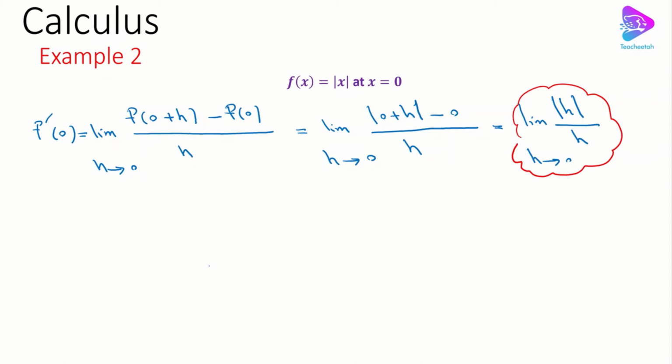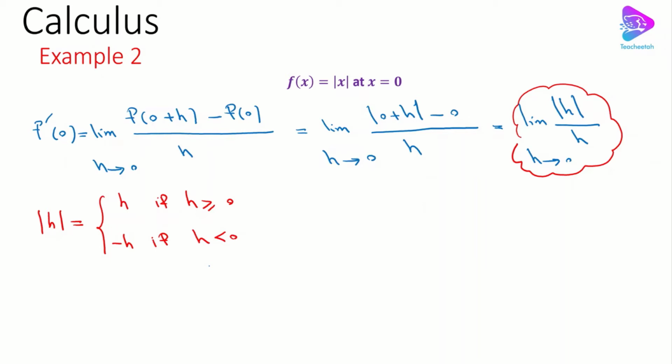If we plug in 0 in there, this is going to be an indeterminate form. But when we have an absolute value, the function has this form: the absolute value of h is h if h is equal to or bigger than 0, and it is minus h if h is less than 0.